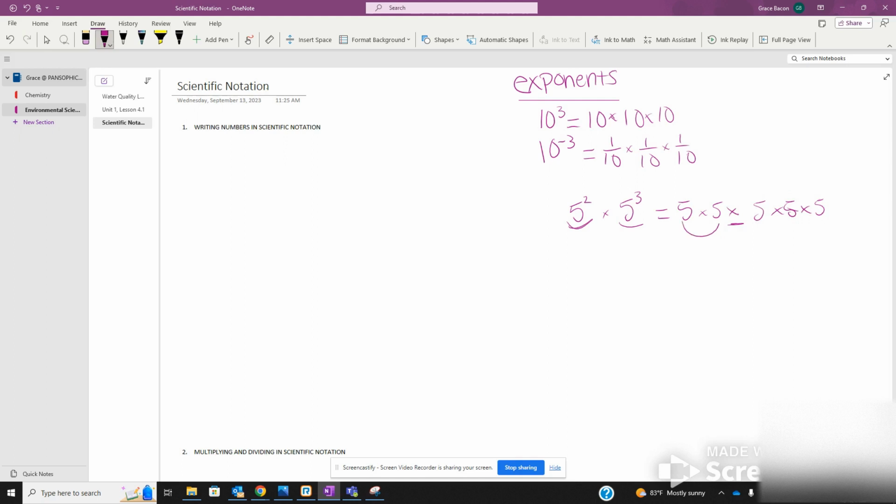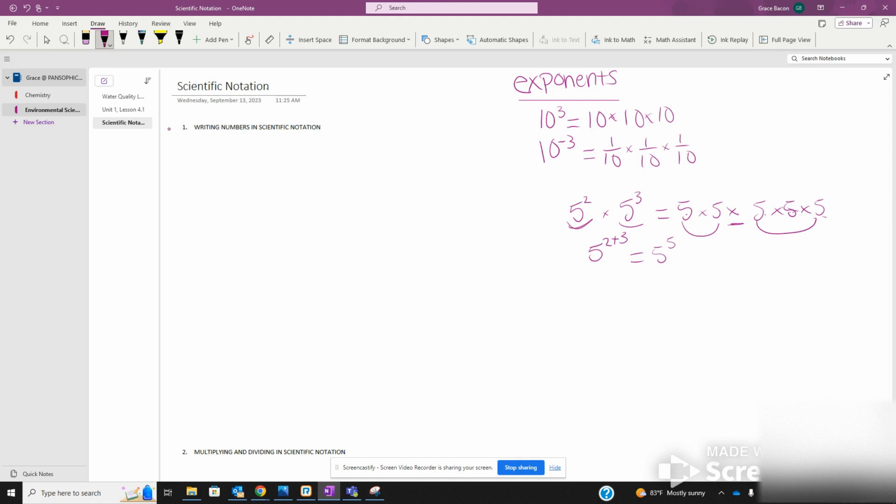Really, all we did is the multiplication repeated twice here and then 3 times here, so I'm just repeating that multiplication 5 times. So what I can do is just add up these exponents to get the same thing, and both ways I get 5 multiplications of the number 5.